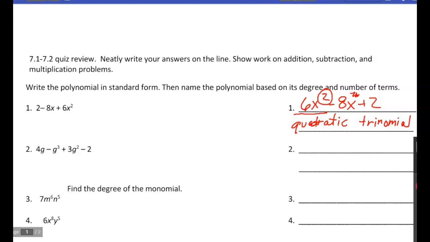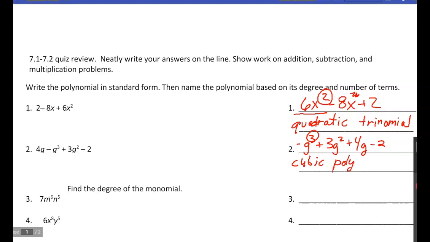Down here, you would have the negative g cubed first, because we always start with that. Then we go squares if we have it. 3g squared. Then 4g. And then 2. So this is a cubic because it's a third degree.